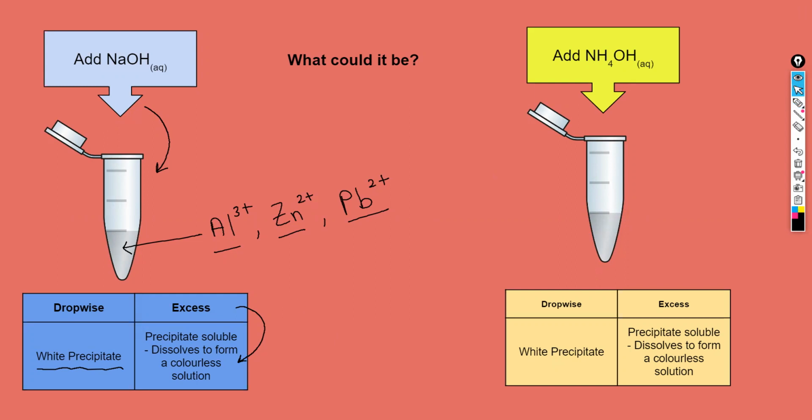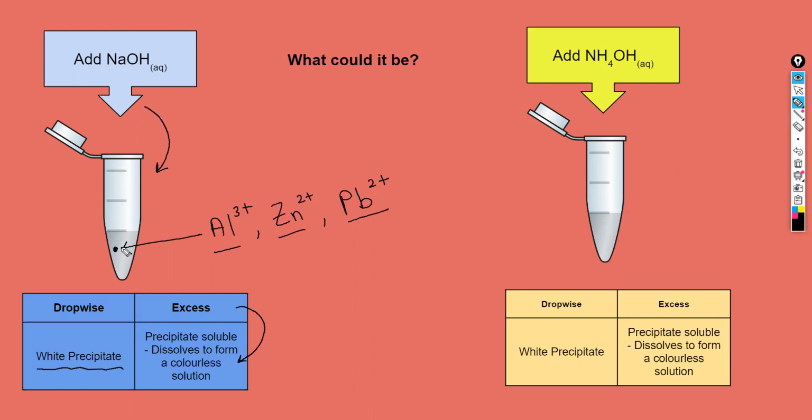Make sure you physically see it. All right. So the aim of this question is to confirm which one it is. Telling somebody it's aluminum, zinc, or lead is not good enough. We need only one. We need to confirm exactly which one it is.